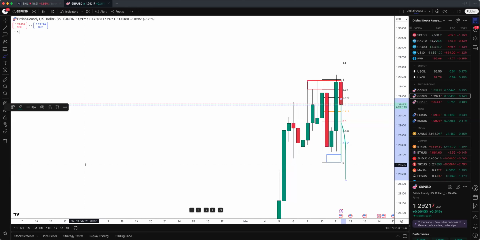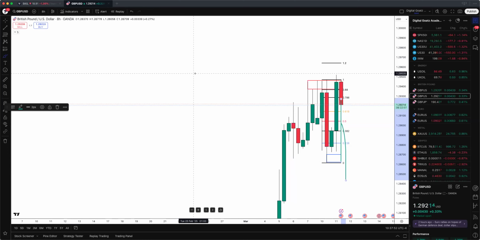And GU, specifically, has been struggling to continue breaking to this high side. But again, I have to check to see if there's any news that could change the conditions. But I think pretty much for the day, we're set on what the market is actually trying to show us, what it wants to do overall.